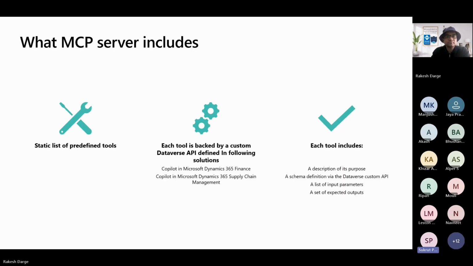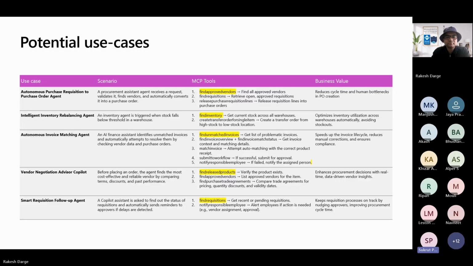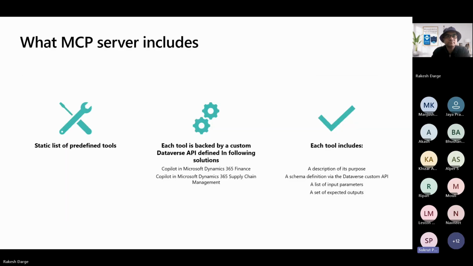The MCP server includes predefined tools. Rakesh has shown those tools in his slides, right? Because it's in preview, there are only 13 tools which Microsoft is giving us out of the box, which you can utilize. But in future, more tools will be released which we can utilize to build our scenarios, right?